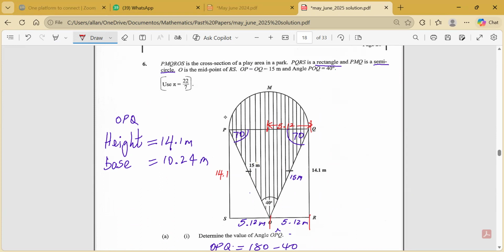You have to get the length of the arc, so what we have to do is find the circumference. What is the formula for circumference? 2 pi r.